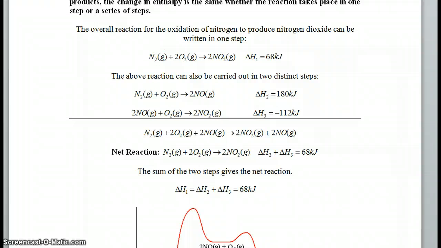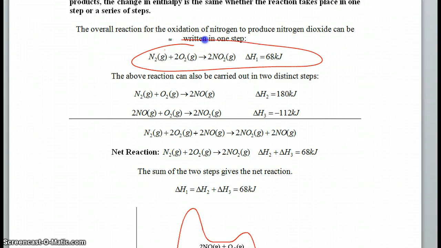Okay, so let's look at this first example. So you have a reaction and you're given the enthalpy value for it. Okay, let's pretend for a second that we didn't know what this was, and you just have the information below. So you have two different reactions and you are given their enthalpy values. Okay, when I add these two reactions together, you notice that that just means that all the reactants are going on one side, all the products are going on the other.